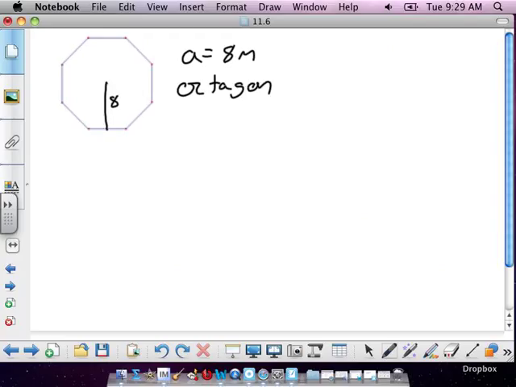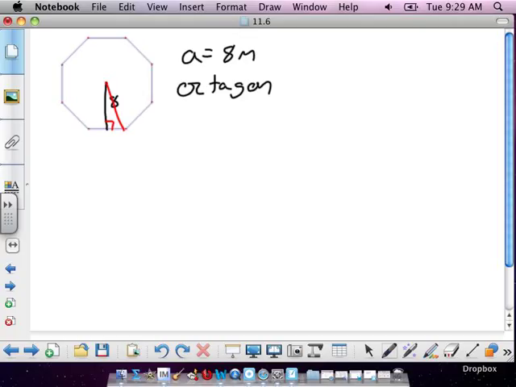What is step number 1? What do we have to find? The central angle. Step number 1. When we have the apothem, we just have one last step.